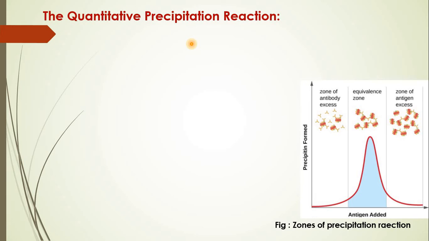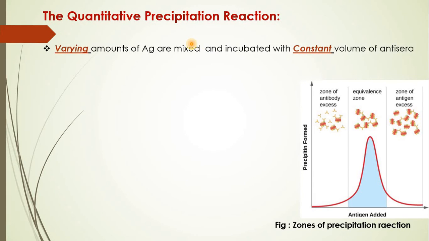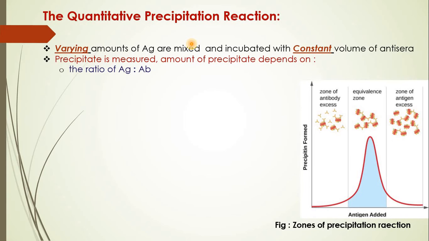Now this precipitation reaction can be quantitative in nature, and this totally depends on the amount of antigen which is mixed with a constant volume of antisera. Obviously, the precipitate can be measured, and this is totally dependent on the ratio of antigen to antibody.